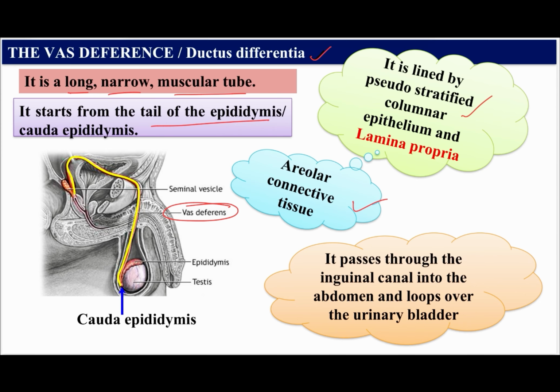The Vas Deferens passes through the inguinal canal into the abdomen and loops over the urinary bladder. See this yellow color. It passes through the inguinal canal into the abdomen, and there it loops over the urinary bladder.